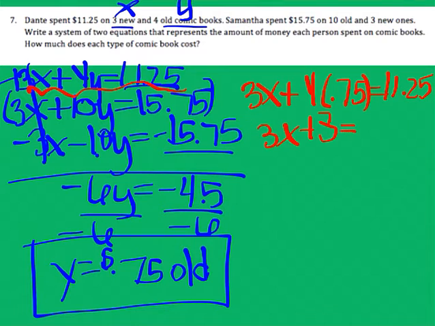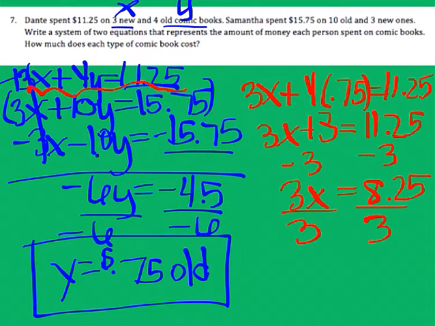And that's going to be equal to 1125. So then I'm going to subtract 3 from both sides, and I get that 3x is equal to 825. Divide both sides by 3, and I get that x is equal to $2.75, and that's for new comic books.